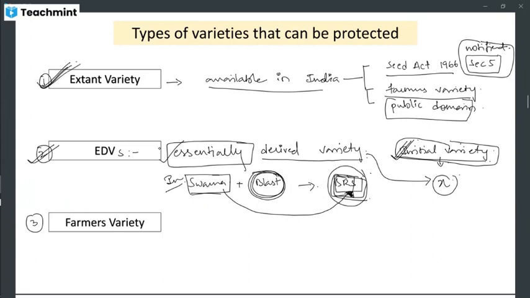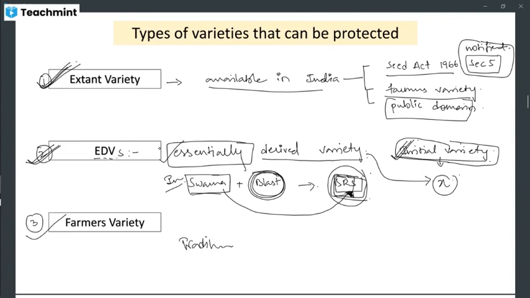So the first thing is your extant variety, the second is your essentially derived varieties, and the third one is your farmers varieties. So what is this farmer variety? Farmers varieties are varieties that farmers have been traditionally cultivating in their own fields for a few years.